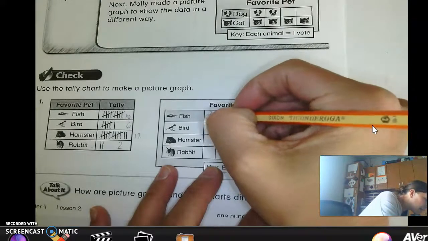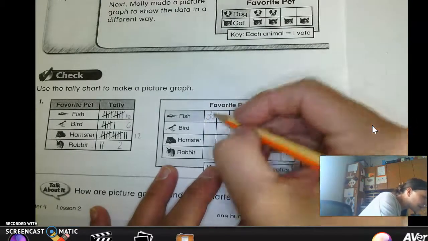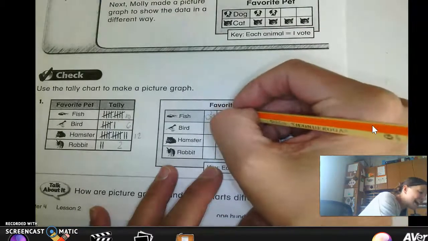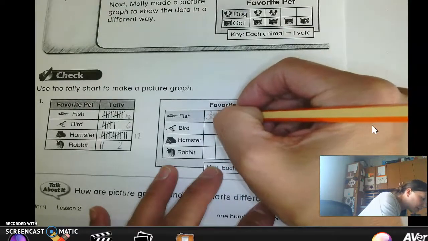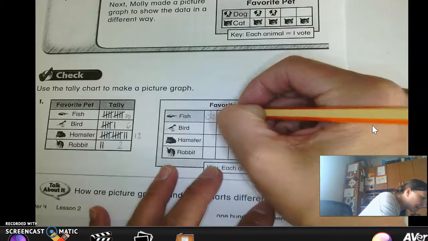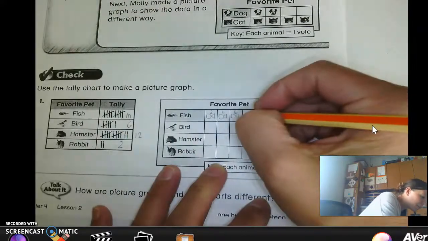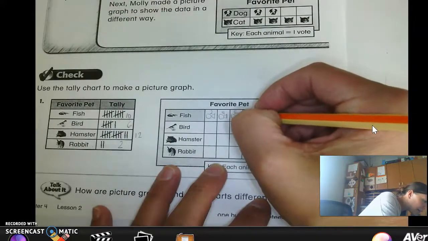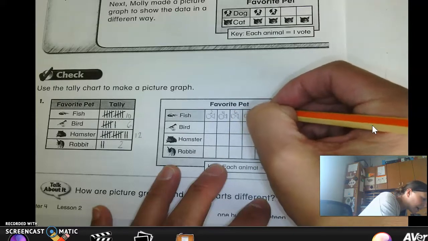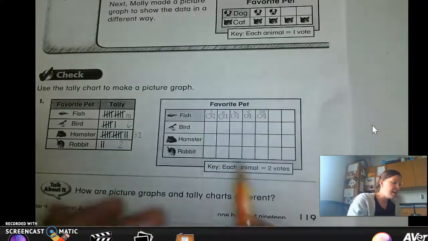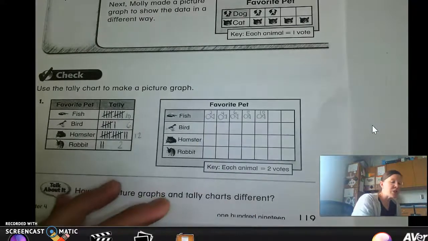Okay? And if I add on, now I'm at 4. Okay, now I'm at 6. I have to get to 10. Now I'm at 8. And now I'm at 10. Okay, so each picture equals 2 votes.